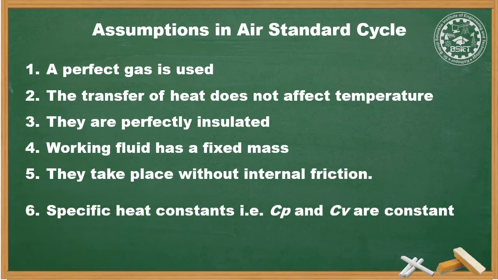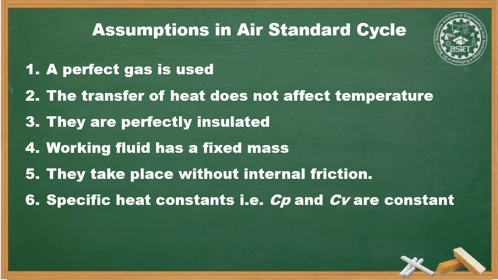And last, specific heats, that is Cp and Cv, are constants and do not vary with increase in temperature. In general, Cp and Cv vary with respect to the temperature. But in the case of air standard cycle, we have assumed that Cp and Cv are constant and they do not vary with increase in temperature.